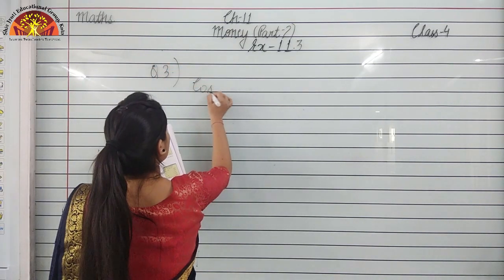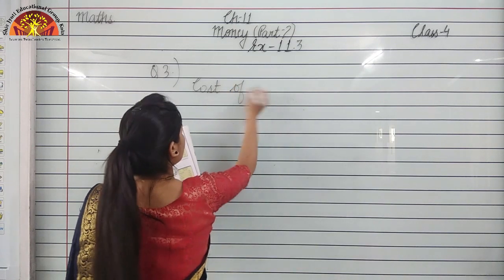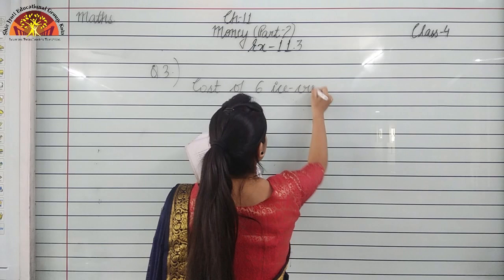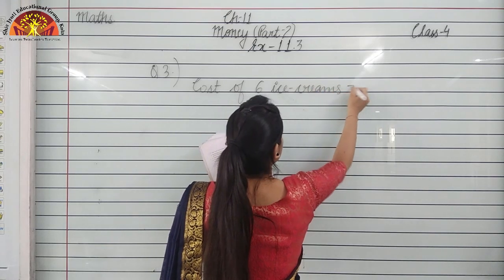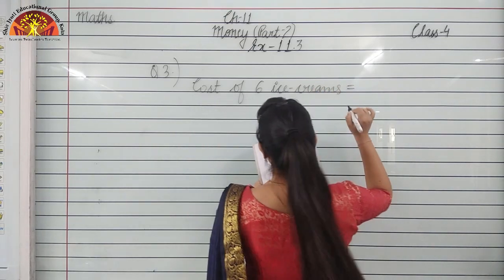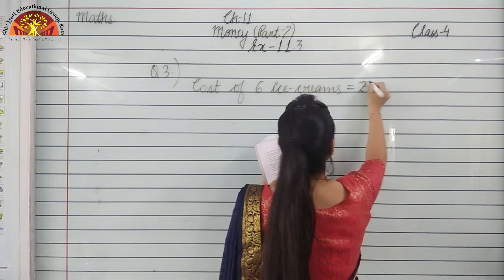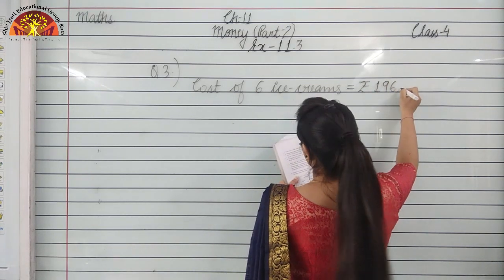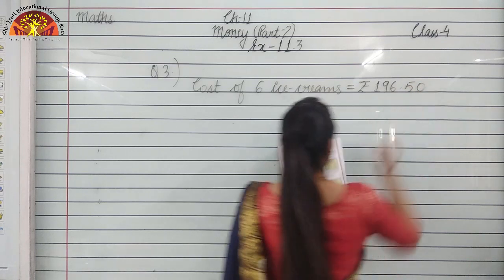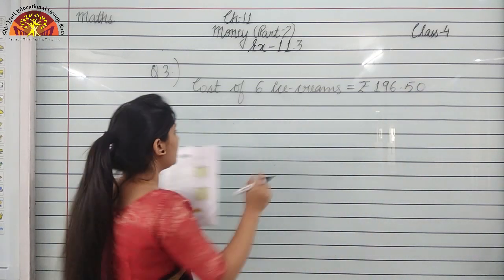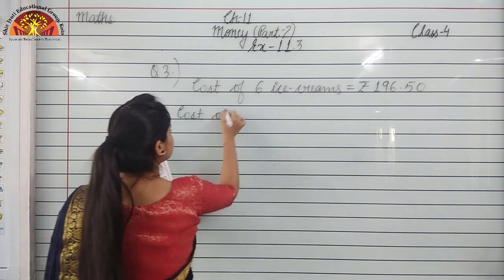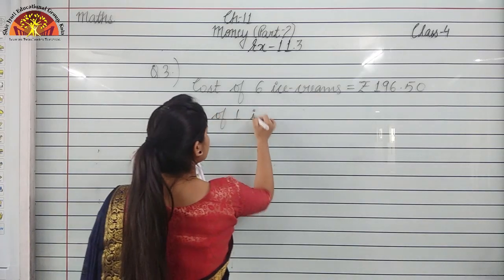Okay students? So just look here, question number 3. We have the cost of 6 ice creams, which is given in the question, rupees 196.50. This is given in the question, and we have to find the cost of one ice cream.